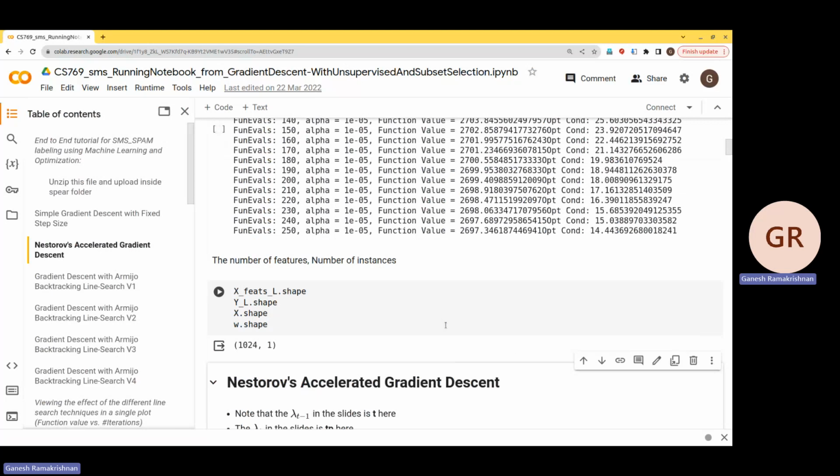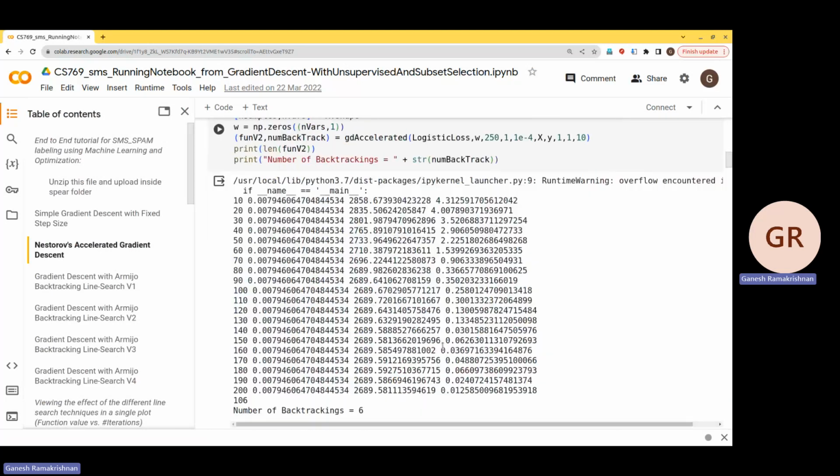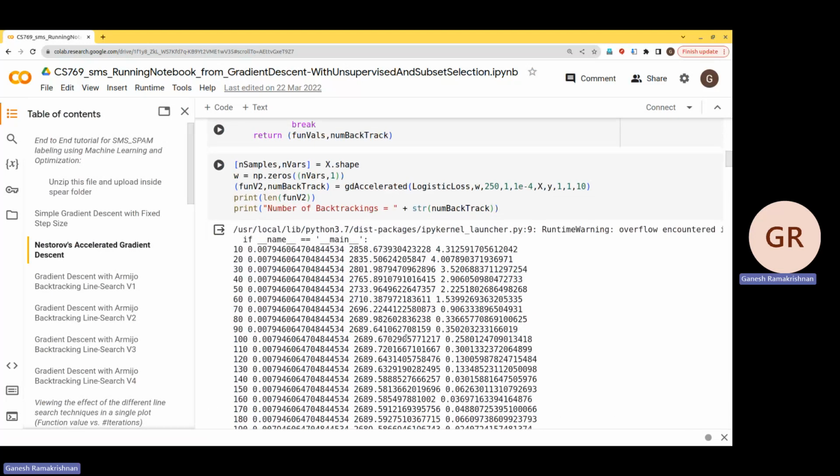So it's on the order of 2600. Now Nesterov's accelerated gradient descent, you run it. The point is as follows: just because you have done Nesterov accelerated gradient and you have not given thought to the step size, you haven't really solved the world's problems, right?